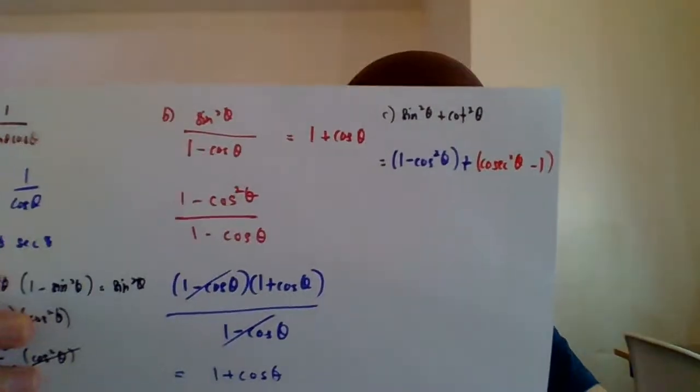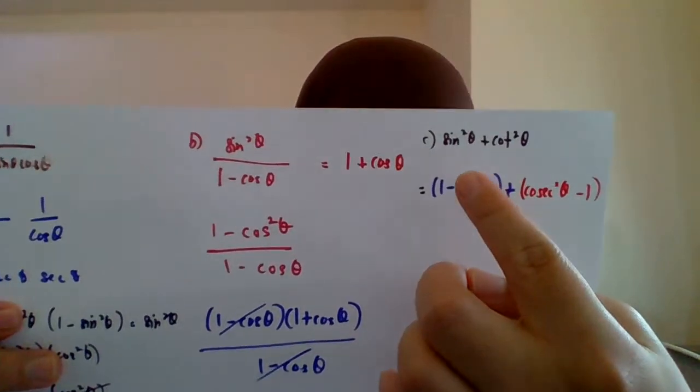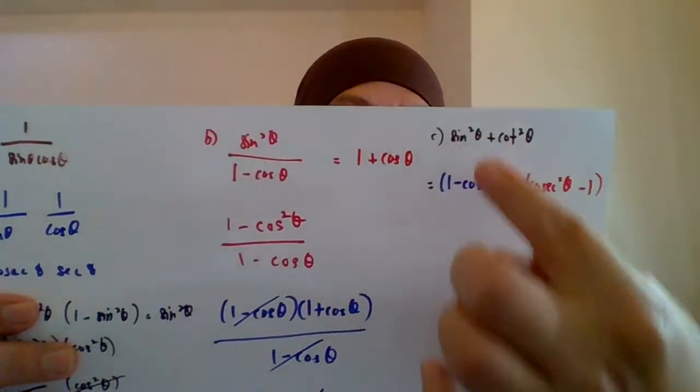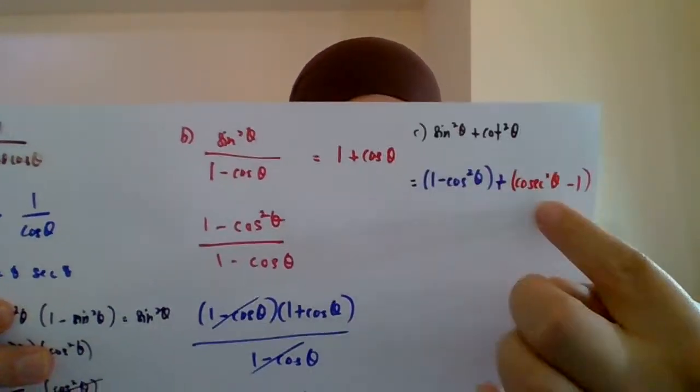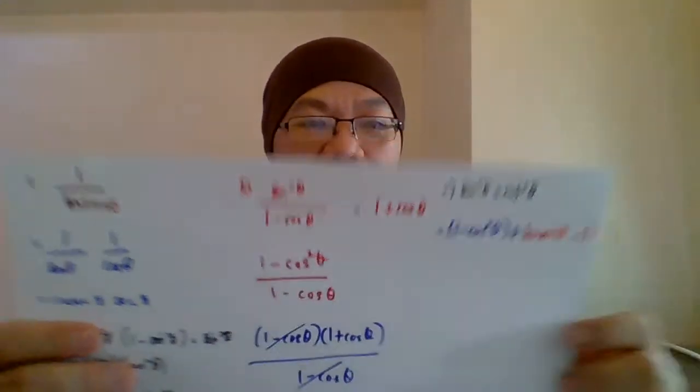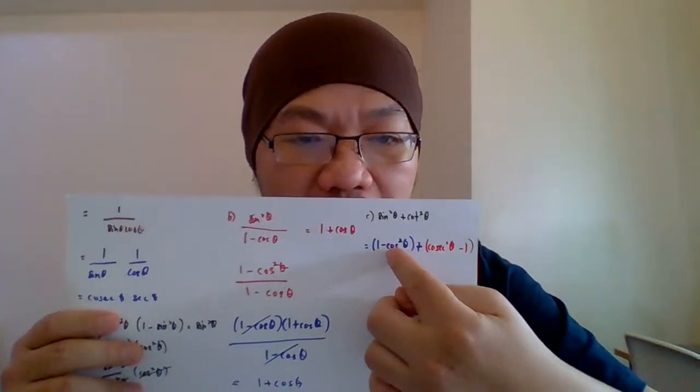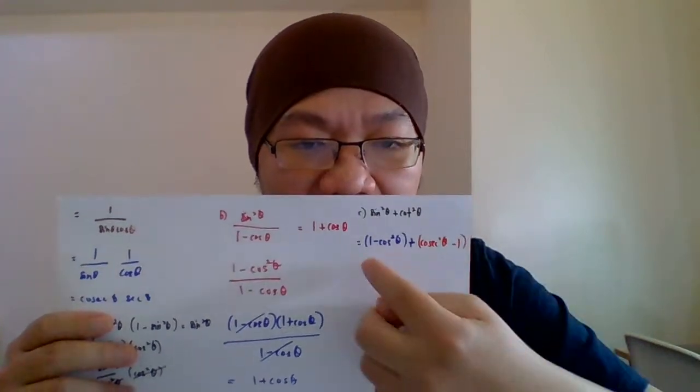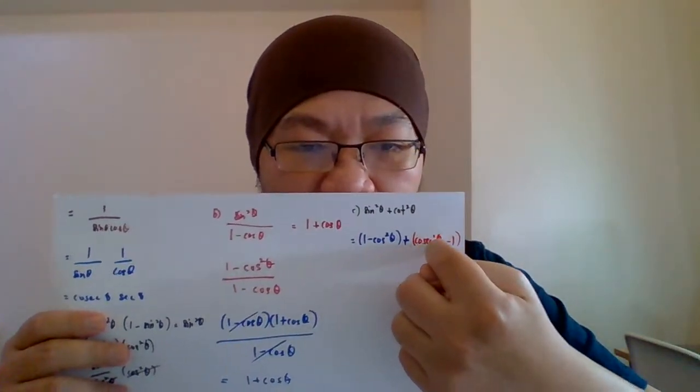Okay. So after I substitute sin squared and cot squared here, then we simplify. So 1 plus negative 1 mati. Negative cos squared plus cosec squared. Okay, so what's the answer here? We got negative cos squared theta plus cosec squared theta.